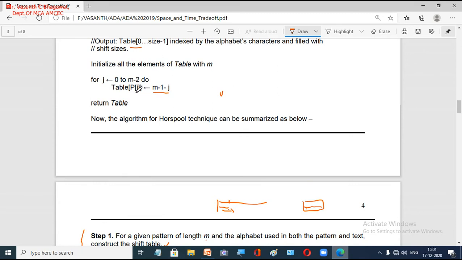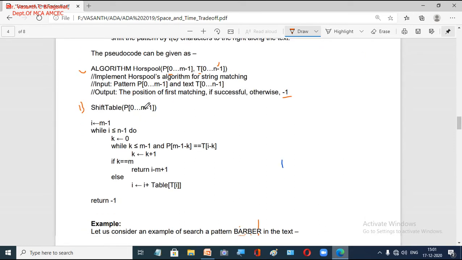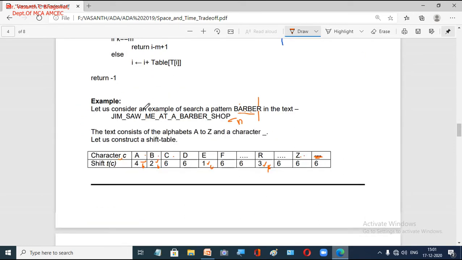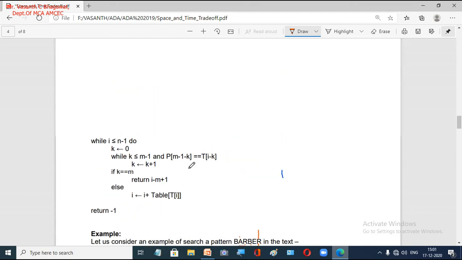Whatever index you get, you put that in your table, in this particular table. Clear? So like this, you look with respect to each particular point and try to find the exact values.